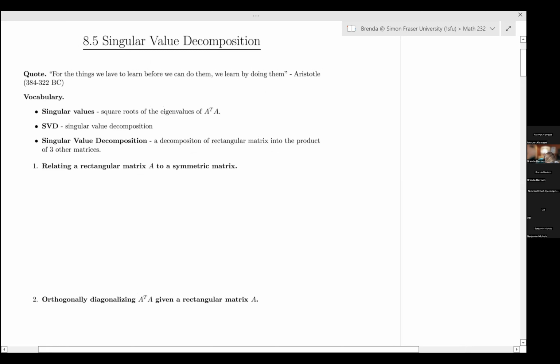We're going to introduce a new term here, singular values. The singular values are the square roots of the eigenvalues of A transpose A. So if we have a matrix A, we take the product A transpose A, find the eigenvalues of that, and then take the square root.